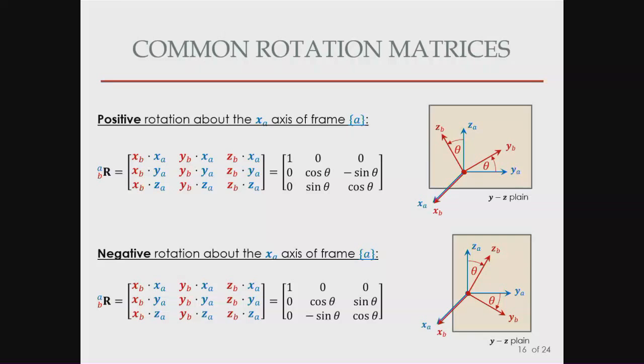The angle between them is theta, so just cosine theta. I hope you got that. And YB projected on ZA, YB and ZA. The angle between them is 90 plus theta, so cosine 90 plus theta converts to minus sine theta. And similarly, this one.